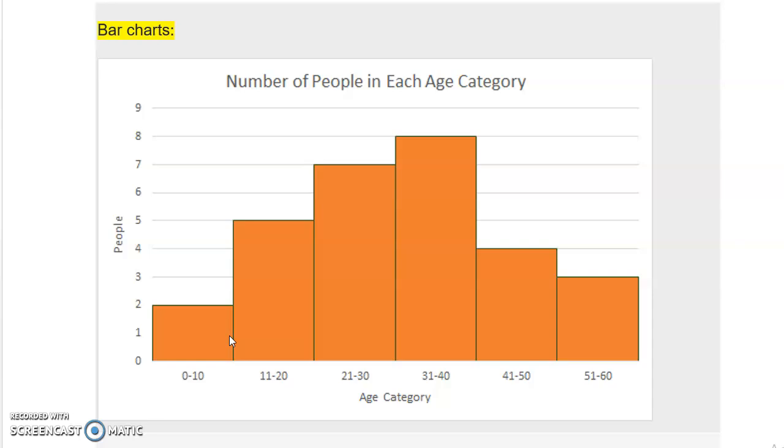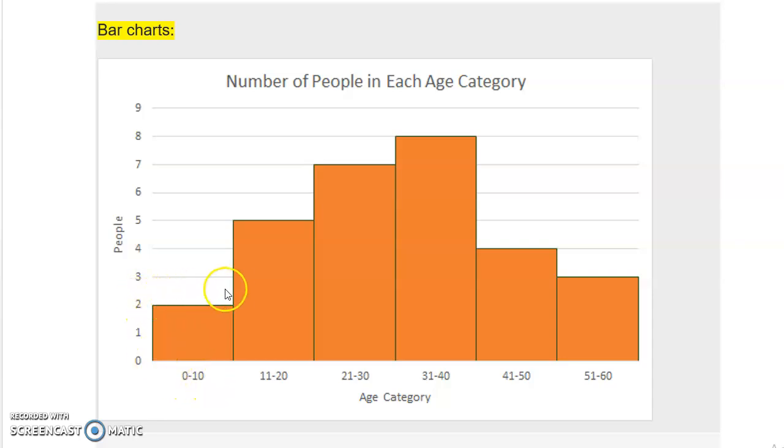Something else, we have to have a title for every axis. So in the vertical, we have the title like people. The title here is age category. So by the end, we reach the age category with the number of people. So the number of people recorded at 0 to 10 years old is 2 people.